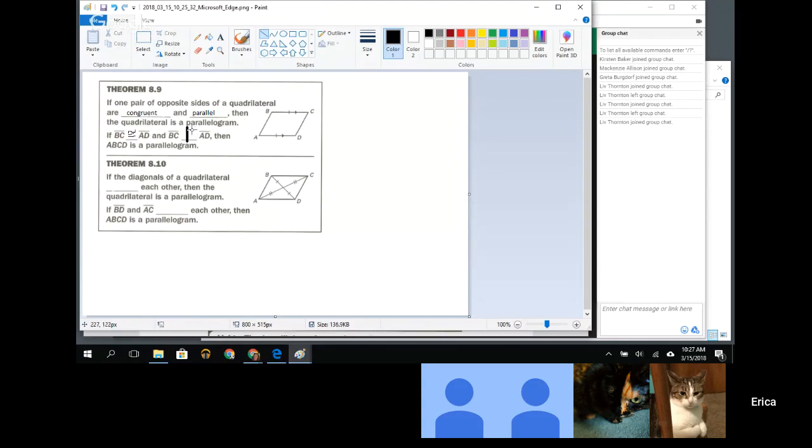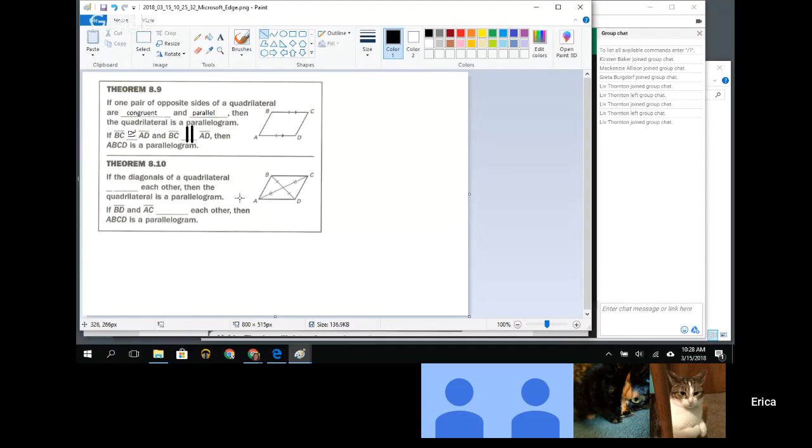Just be straight. There we go. There's two parallel lines. So if we have one side that's both congruent and parallel, then it is a parallelogram.